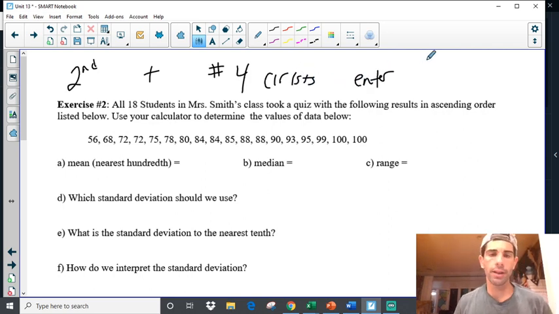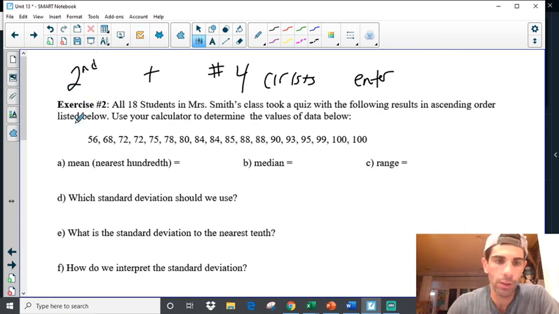That's going to clear anything you have in L1 and L2. So now go ahead and input these numbers, and when you do that, you should have 18 numbers in there.